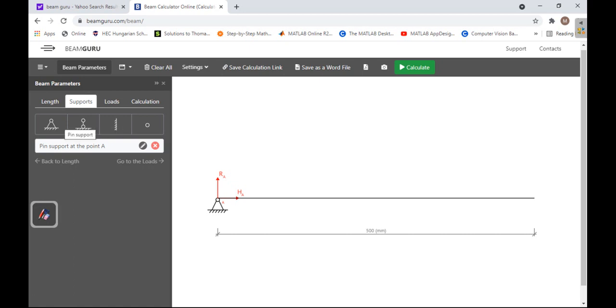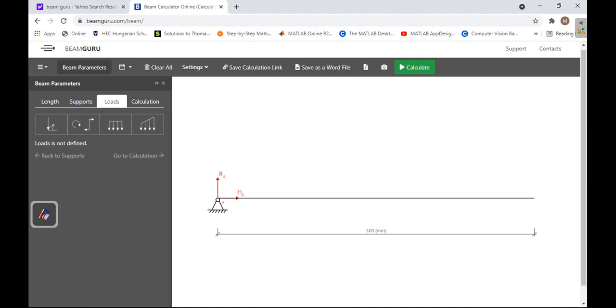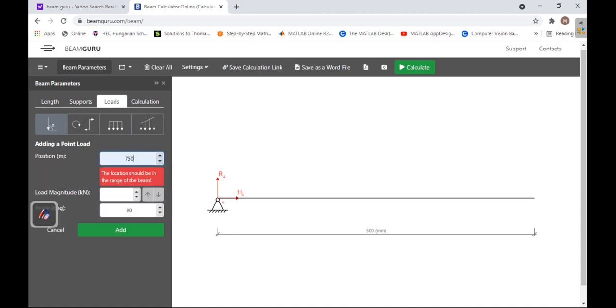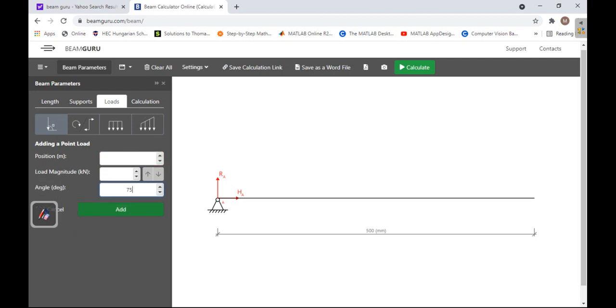Here is a non-uniform distributed load, a uniform distributed load, an axial load, and a moment. Here you can add a load of 750 at an angle of 75, and the magnitude of the load is minus 30, or downward direction.